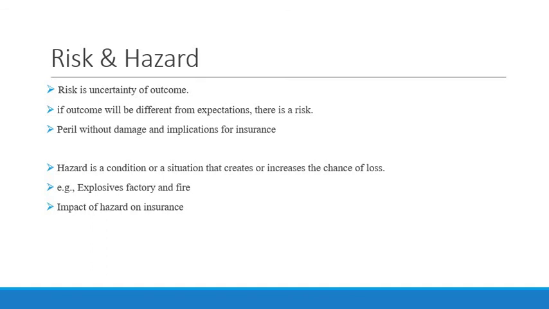Note that it is possible that the peril might have occurred, but no damage might have been caused. Fire might have occurred, for instance, in a building without causing any loss. In these cases, insurance has no role to play since there was no loss. Risks may change in situations. Some assets are exposed to more risks than the others.